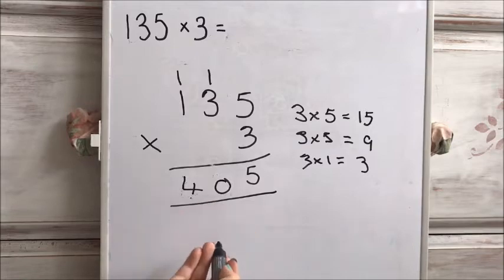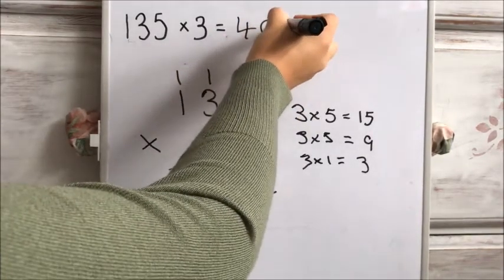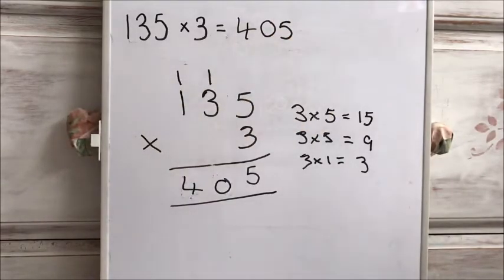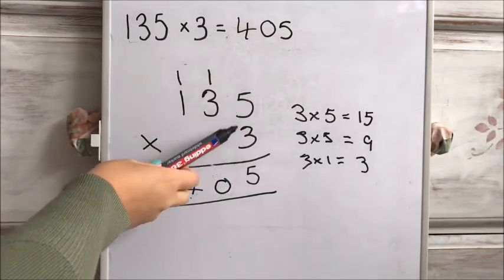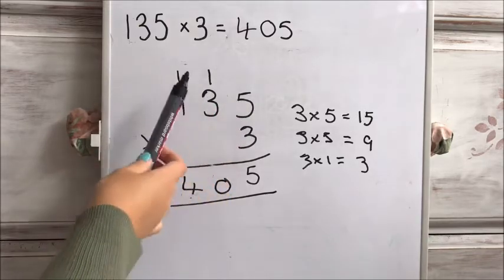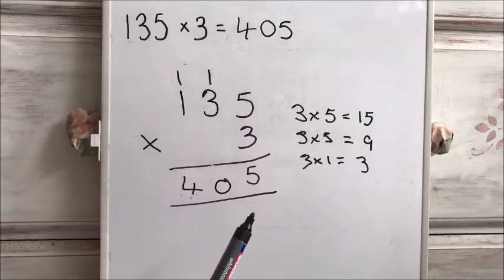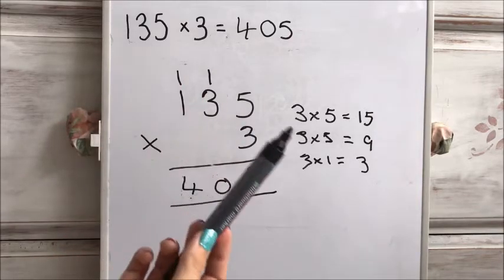So that is your answer, just that, 405, because you've timesed each of these together, so every single part of it is factored in, and you've dealt with your extra numbers that you had to carry, so you've solved it because you've included all the numbers, and that's all there is to it.